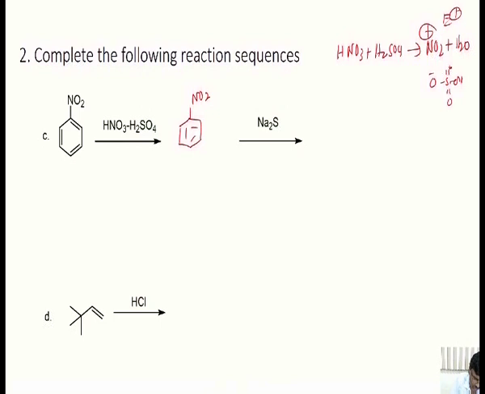And here, you look at it, you already have a substituent. Now in this case, the nitration will take place in this position. You will get this 1,3-dinitrobenzene as the product.